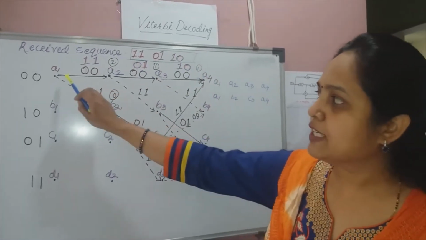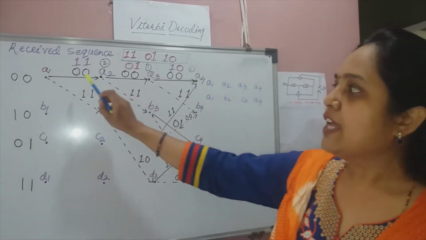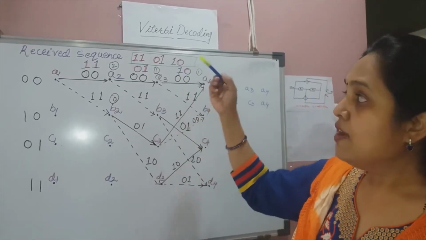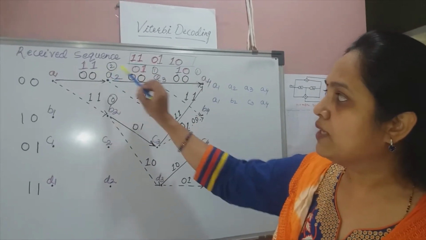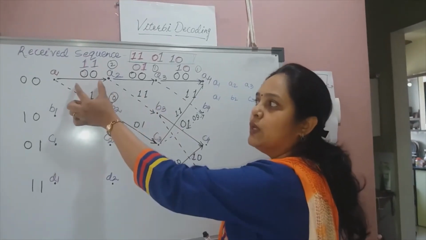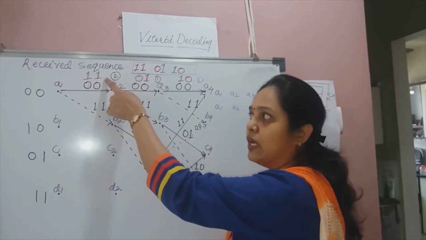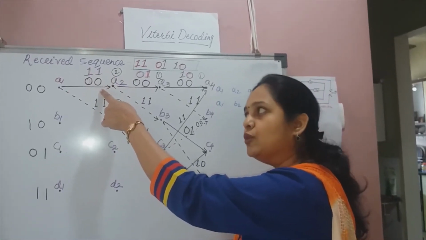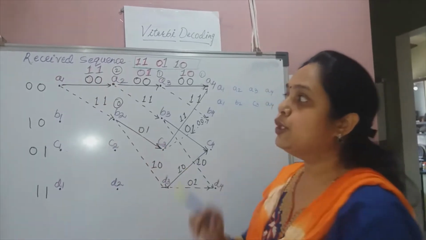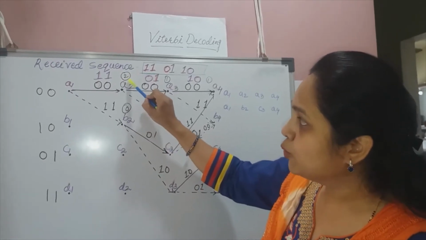For the first path A1, A2, A3, A4, the standard outputs are 00, 00, 00, while the received sequence is 110110. The received sequence group is 1 1 and the standard output is 0 0, so the difference is 2. The metric or weight is written here as 2.